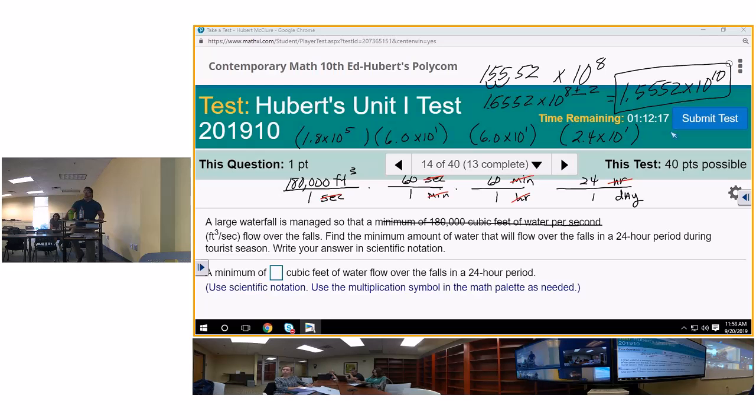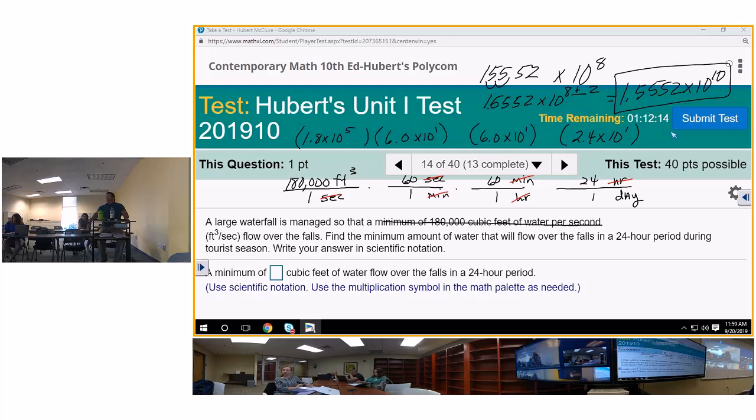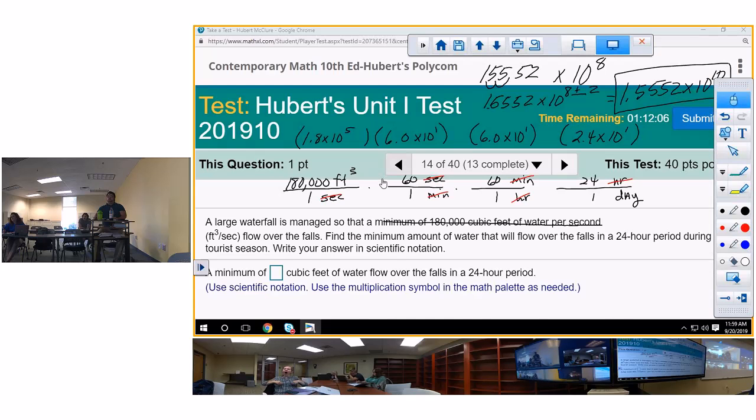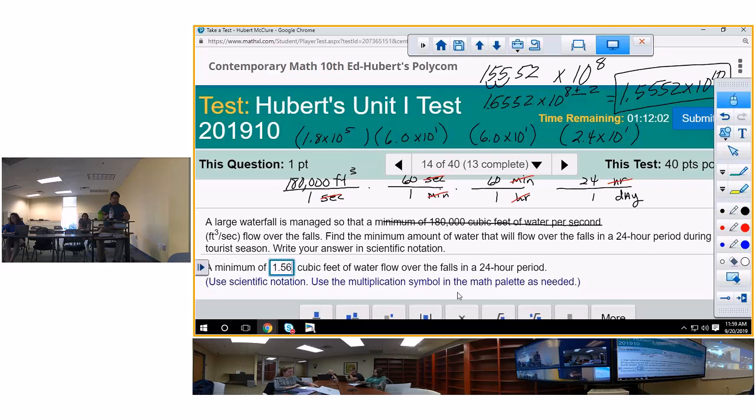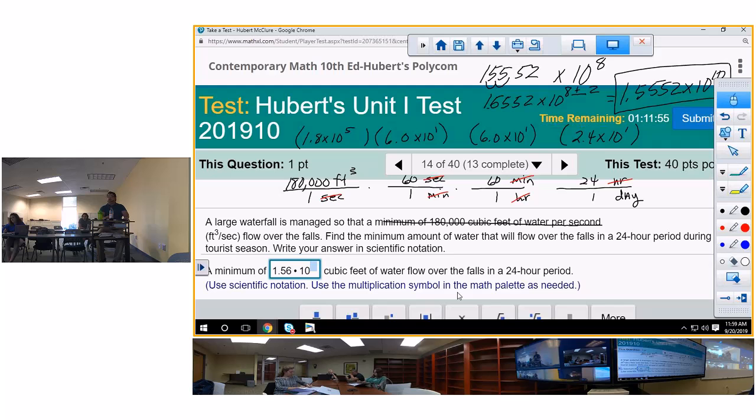So I'm going to say 1.56 times 10 to the 10th power. 1.56, shift 8, 10, shift up arrow to the 10th power. Trying to give y'all a shorter way of writing it by telling you what I'm hitting.